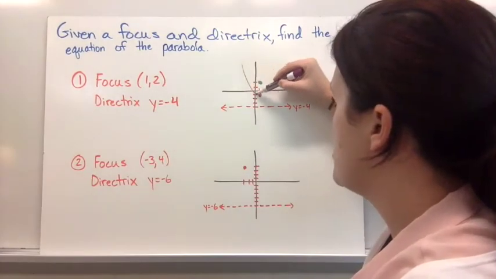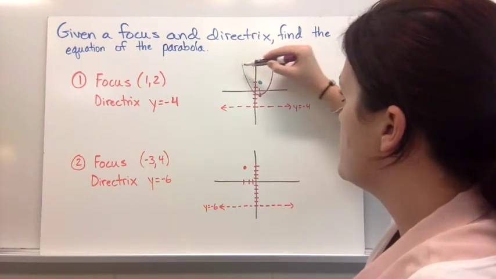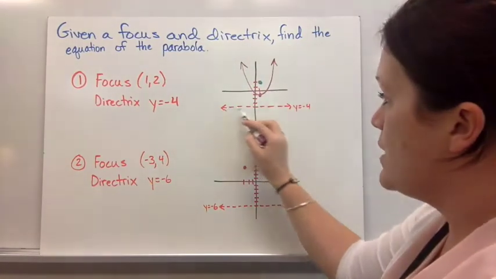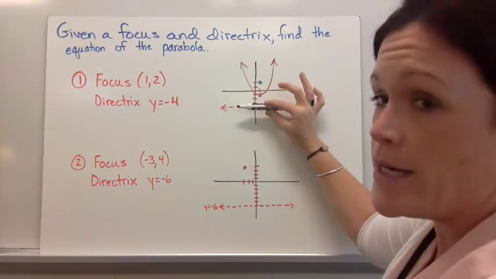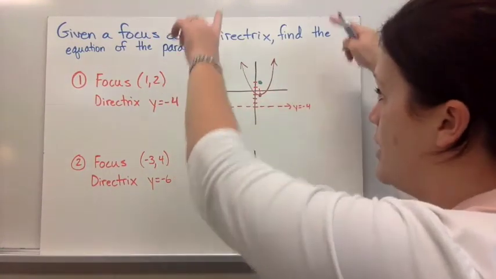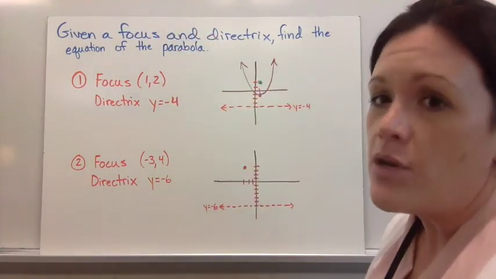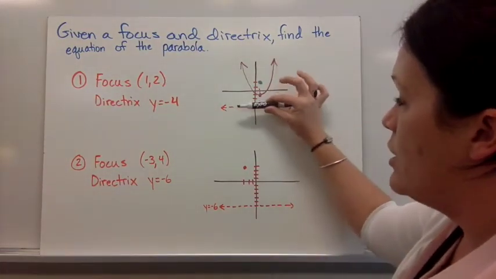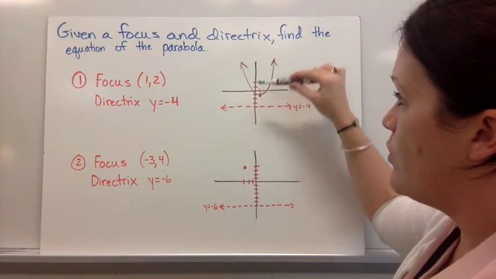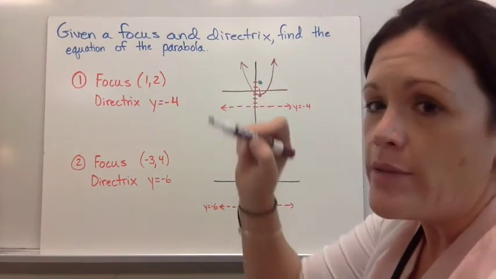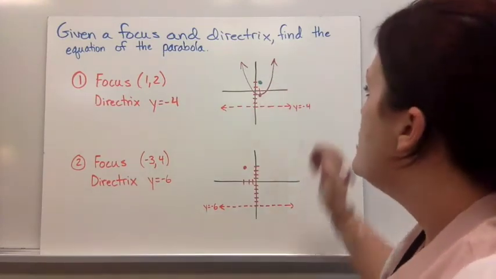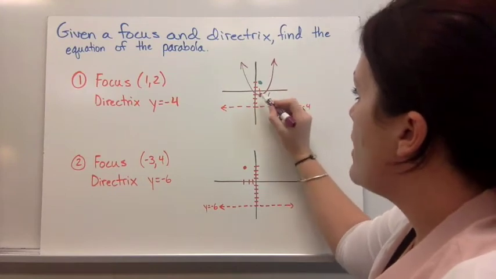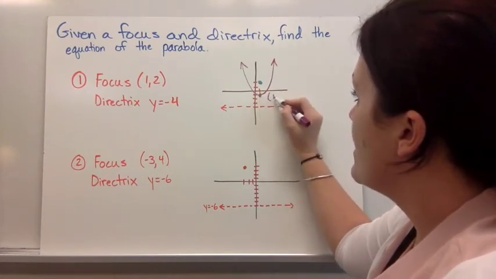I know this parabola is going to go upwards because the directrix is kind of like a boundary line. Your graph's going to go up, and that focus should be in the middle of your parabola. So I know this graph goes up just by how the directrix is down here and the focus is above it, and the parabola needs to go between them. So my vertex I can pick out now is at 1, -1.